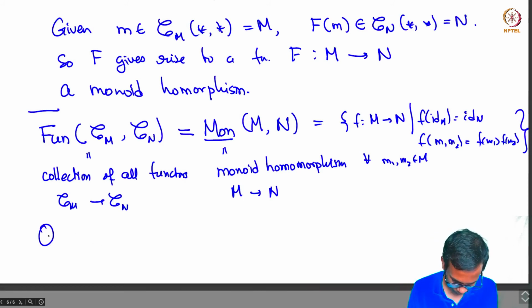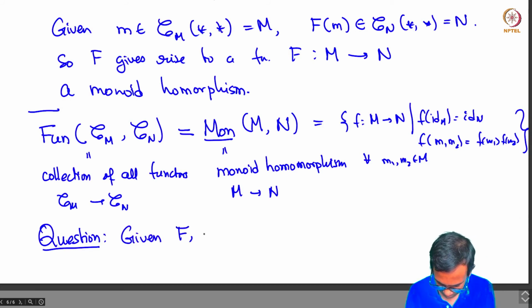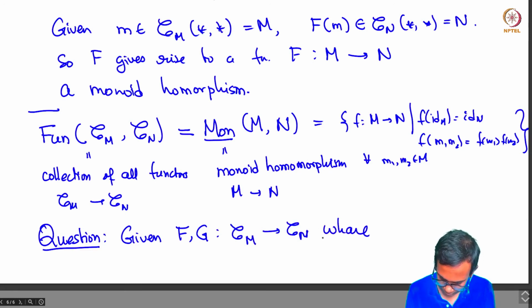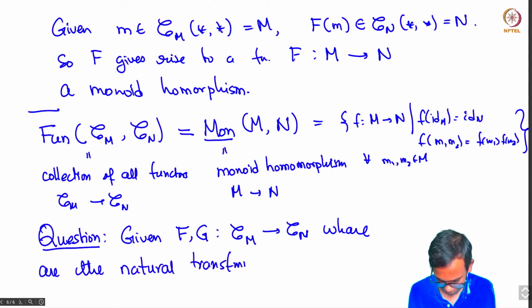So question: given f and g functors from Cm to Cn, what are the natural transformations eta from f to g?